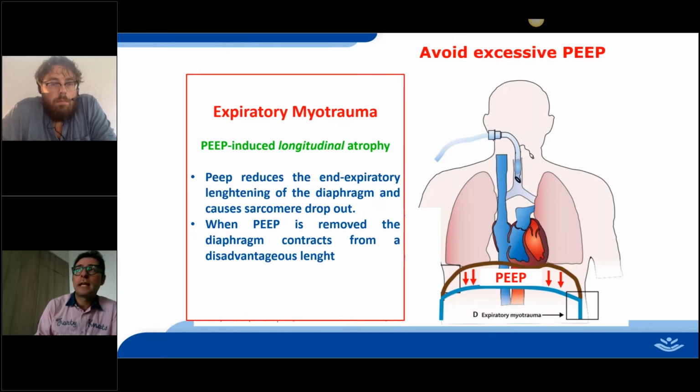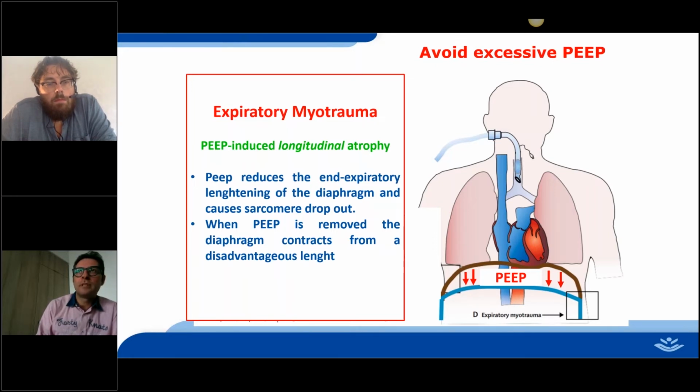The longitudinal atrophy is a new concept that we discovered in animals, but we know that the PEEP, from a physiological point of view, reduces the expiratory lengthening of the diaphragm, causing what we call sarcomere dropout. So the sarcomeres reduce in terms of number because of atrophy.